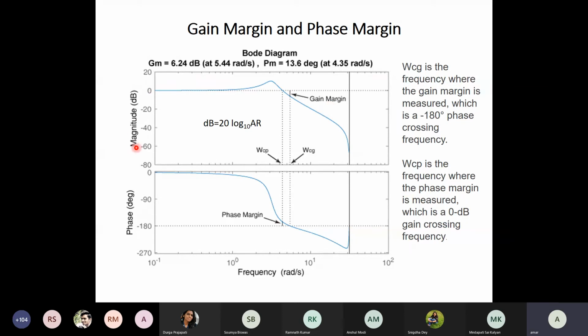Since it's a log-log plot, it is 1 by this ARC value. So this is basically the gain margin and the phase margin. These terms are normally used for designing or tuning a PID controller.